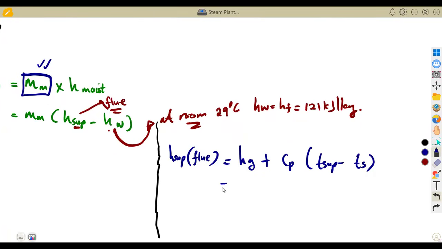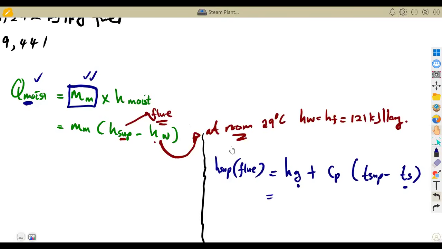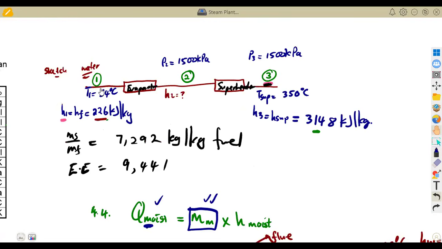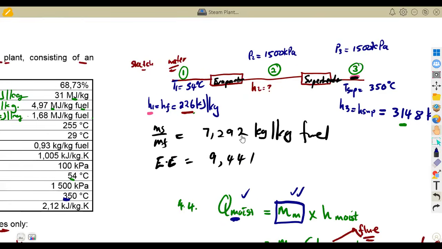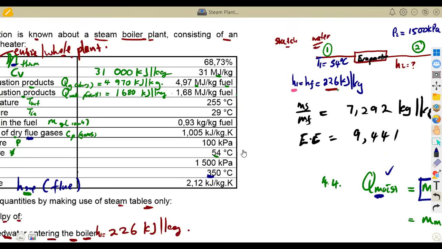But this is for the flue gases, so here we need Hg and Ts from the given pressure. Not this one, because this one is for the water which is entering at this pressure. That's why I say forget about this diagram. We go back to our information about the flue gases here.